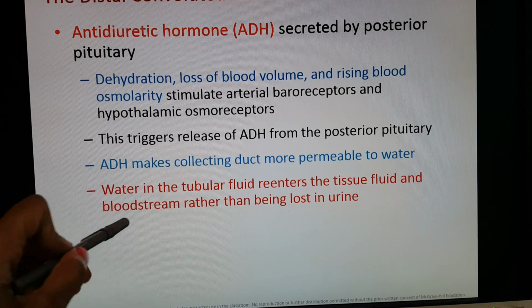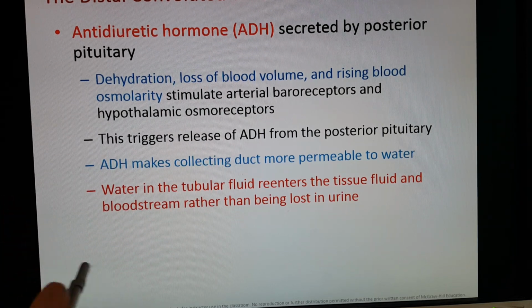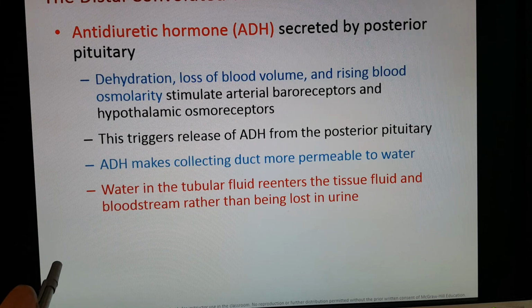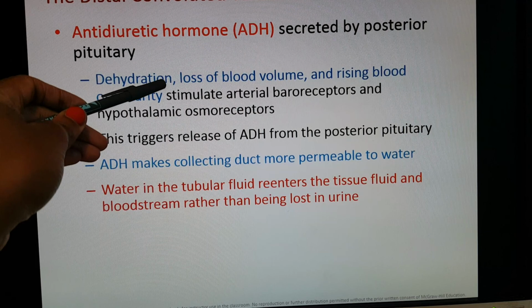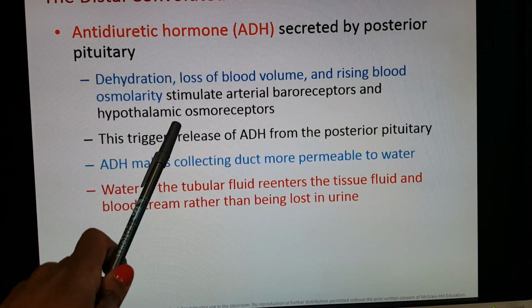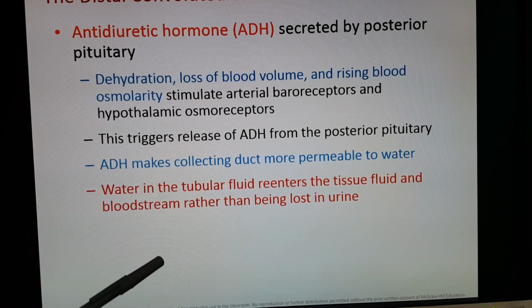So going from your tubes back into your blood vessels, and therefore increasing the blood volume, increasing the water in your system, and therefore reversing your dehydration, reversing your loss of blood volume, and helps with your blood osmolarity by helping to dilute the solutes that are in the blood.